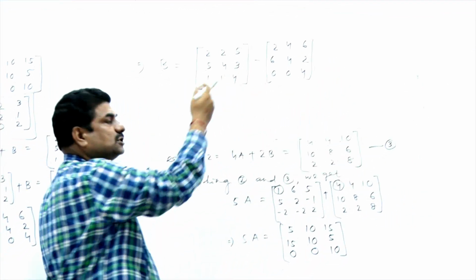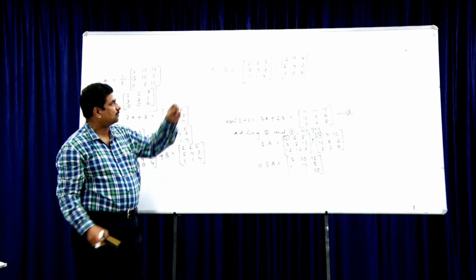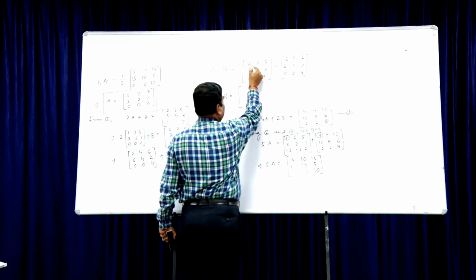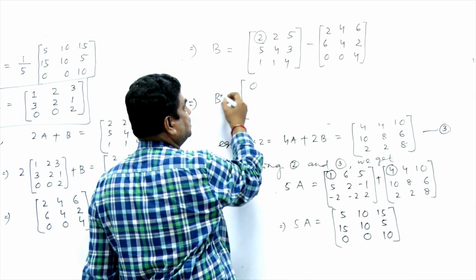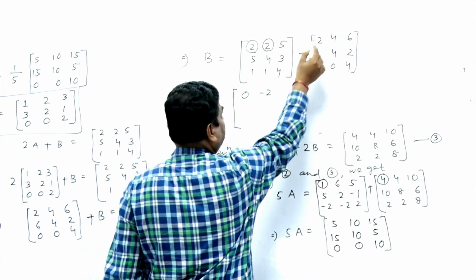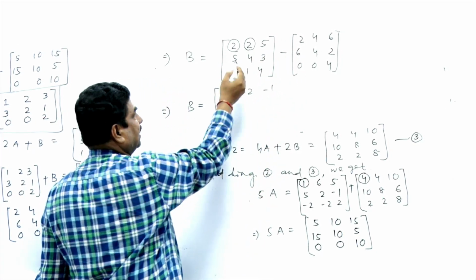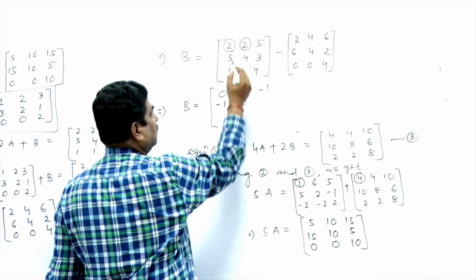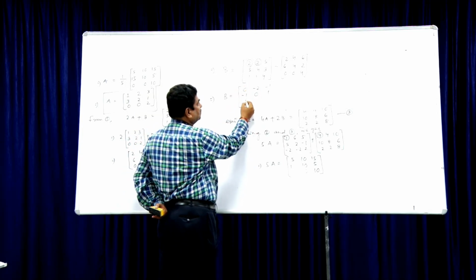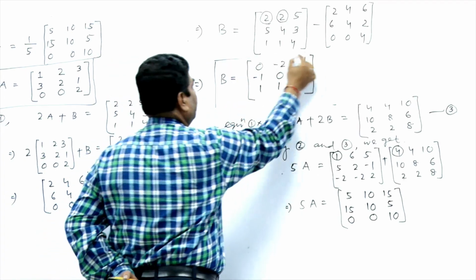Here you see these two matrices are of the same order, 3 by 3, so we can subtract them. Corresponding elements: 2 minus 2 is 0; 2 minus 4 is minus 2; 5 minus 6 is minus 1; again 5 minus 6 is minus 1; 4 minus 4 is 0; 3 minus 2 is 1. In the third row, 1 minus 0 is 1, 1 minus 0 is 1, 4 minus 4 is 0, and this is the value of B.